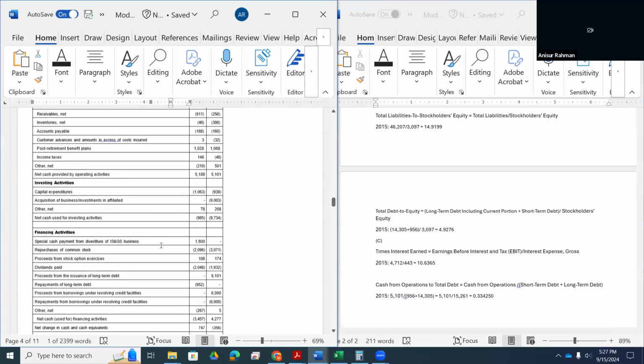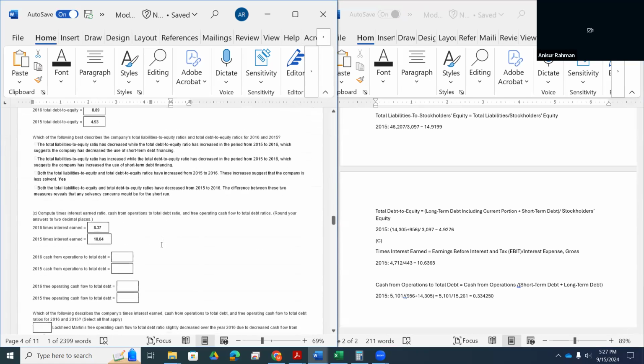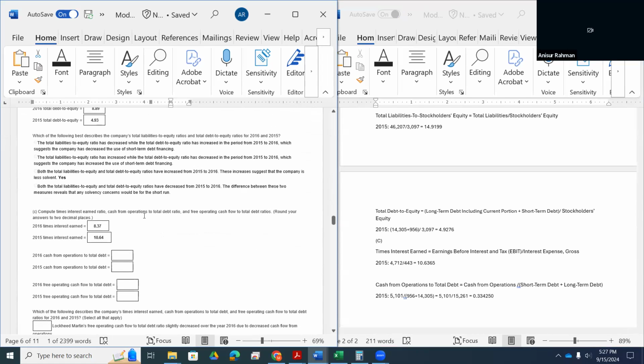It is asking for 2 decimal places. So it should be 33.43 in terms of percent, but it is not in percent, so it should be 0.3343.